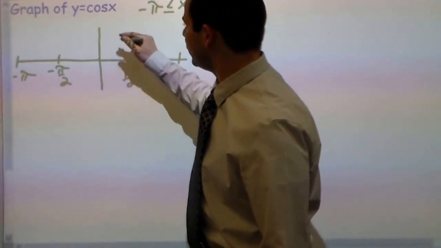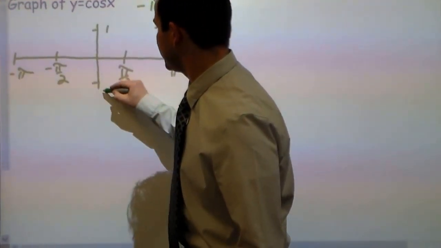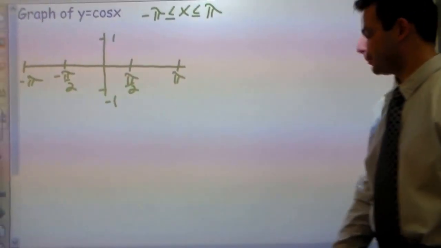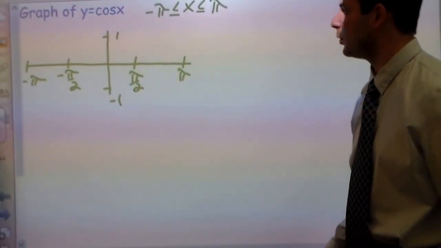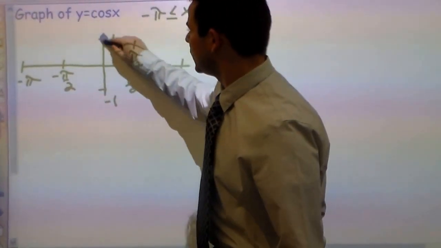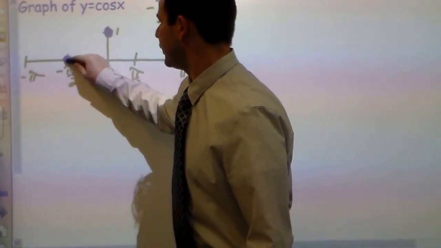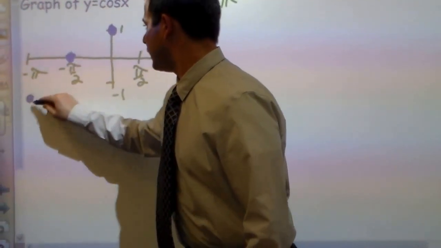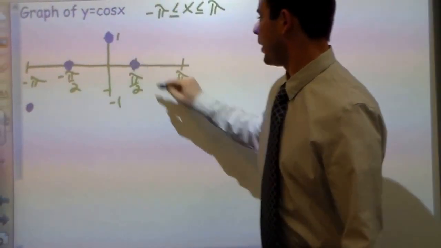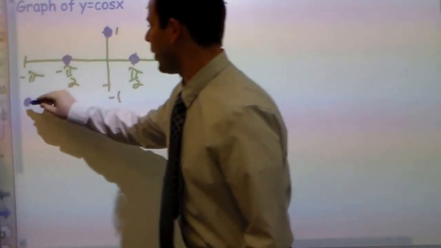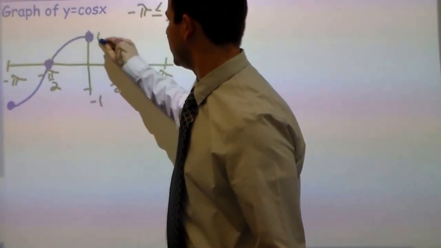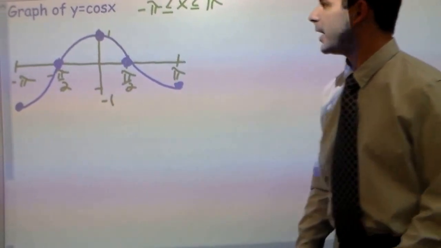The amplitude is 1, so we're going to have a 1 and a negative 1. So let's plot ordered pairs for cosine. We're going to have here, here, here, there, and there. Here are our ordered pairs for cosine from negative pi to pi.